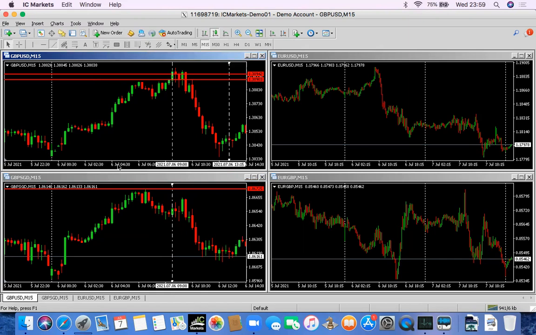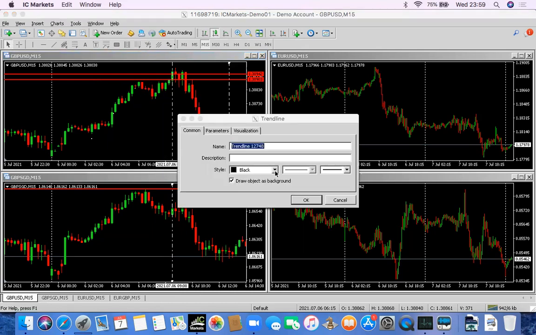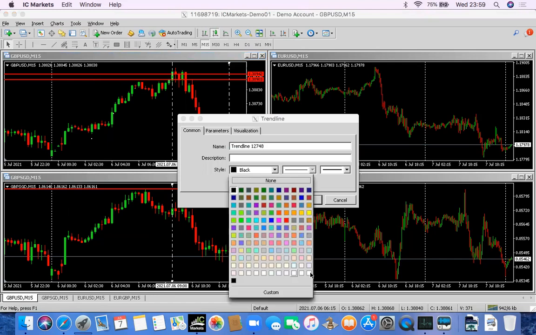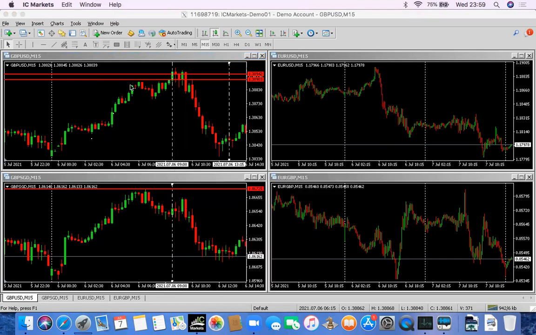It goes this way, goes up, right? Goes this way, right? And then pulls back a little, so it broke right there.